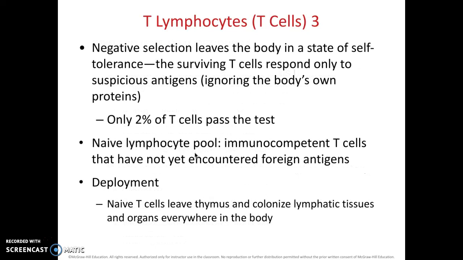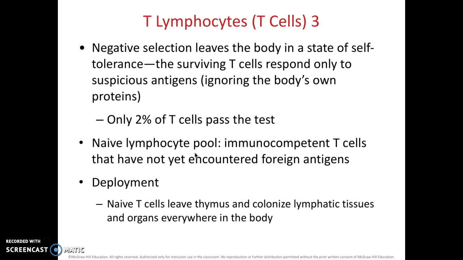So negative selection leaves the body in a state of self-tolerance. That means that the surviving T cells will only respond to suspicious antigens and will ignore the body's own proteins. I think it's kind of amazing that only 2% of the T cells pass the test. So 98% of them are just discarded. They don't pass the test.